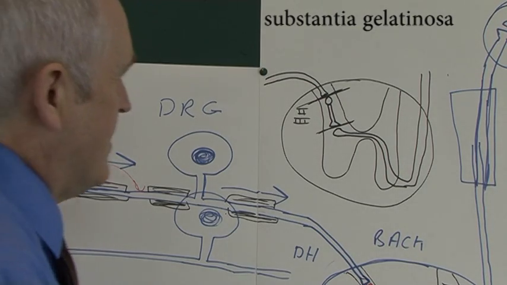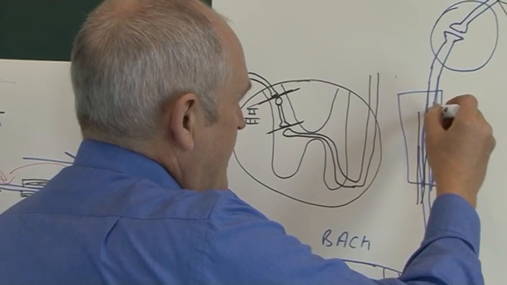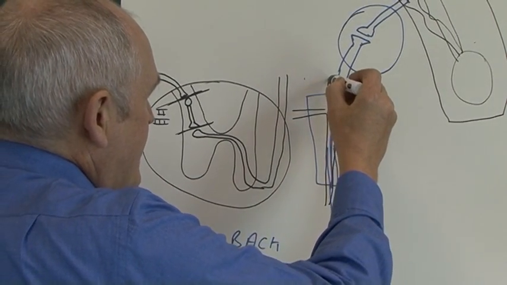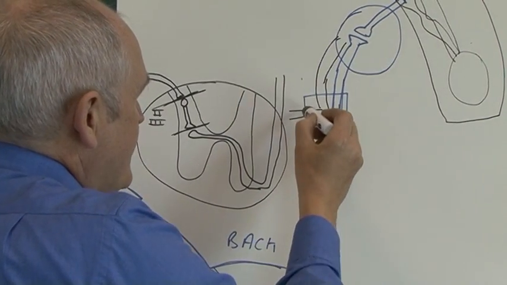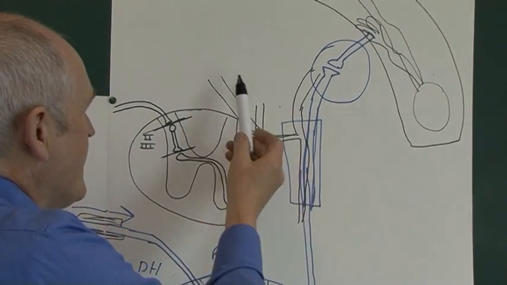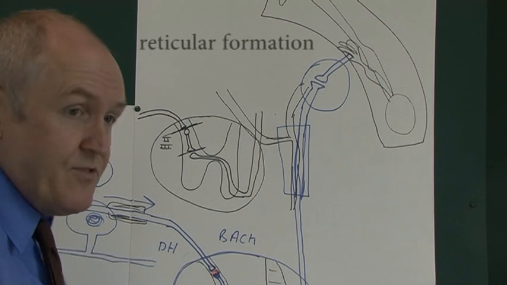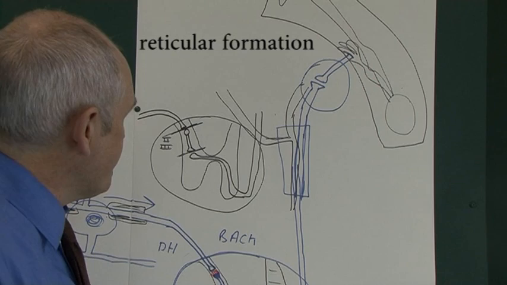Now when a C fibre comes up, there are actually branches from the C fibre, and some branches go off to lower parts of the brain before they go to the thalamus. Some of these branches from the C fibre go to the reticular formation in the midbrain and pons.